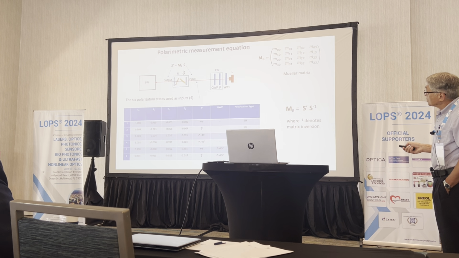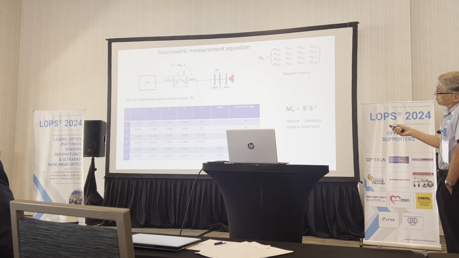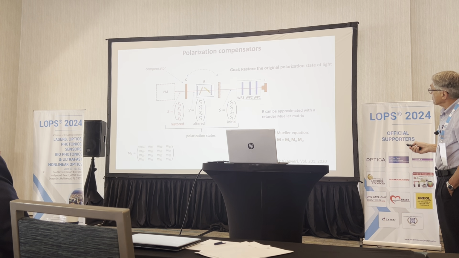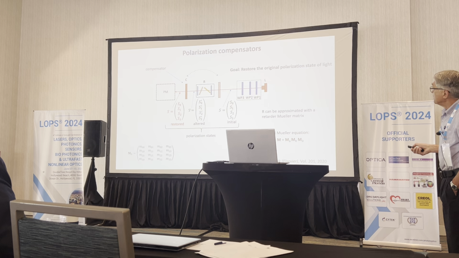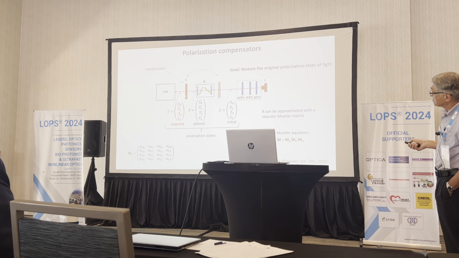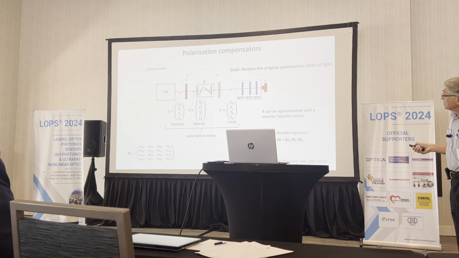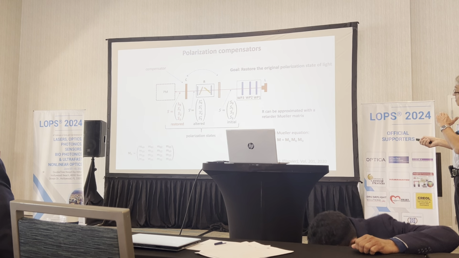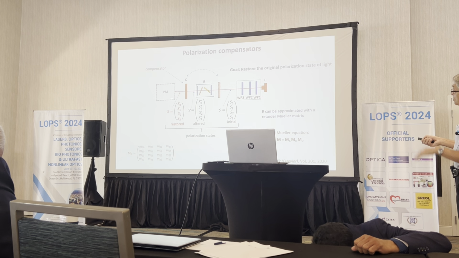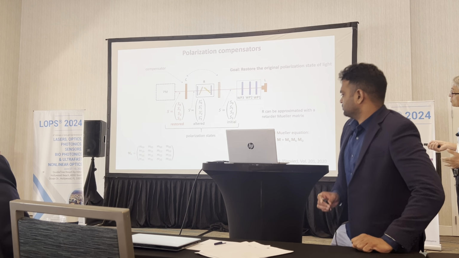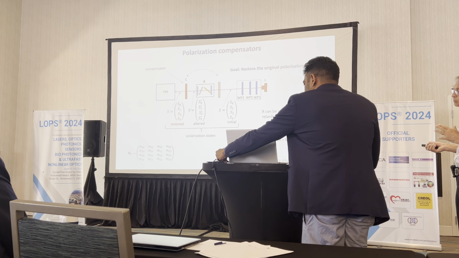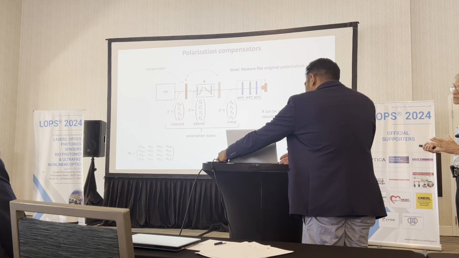Why are we doing that? Because that's simple polarimetry. What we want to do is find a compensator, which could be here or here, so that we can neutralize to a high extent, by using a compensator, which is usually a wave plate, with certain retardance and orientation, the polarization aberrations introduced by the system itself.